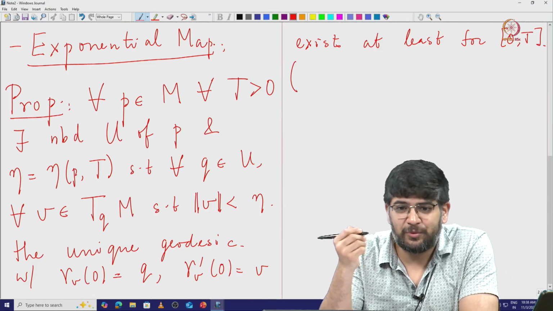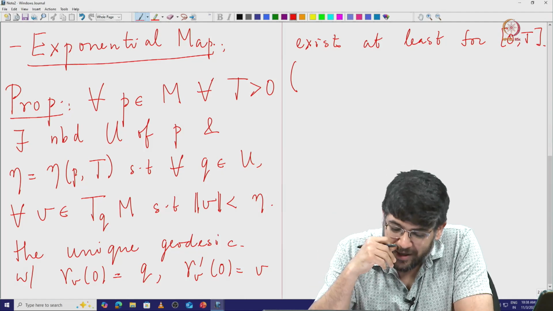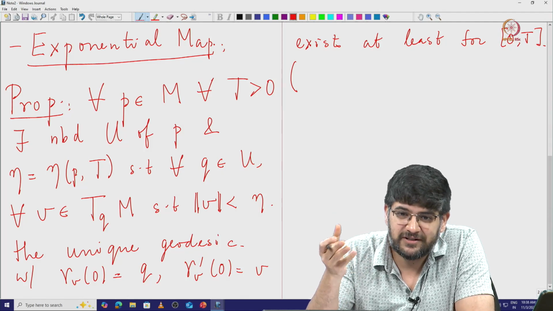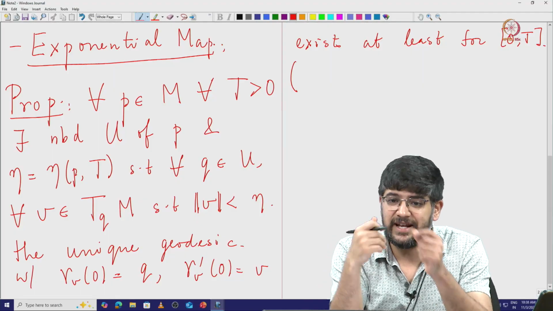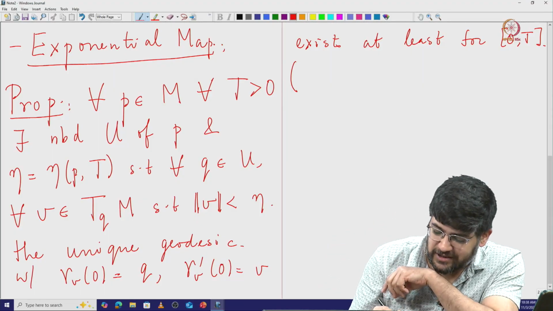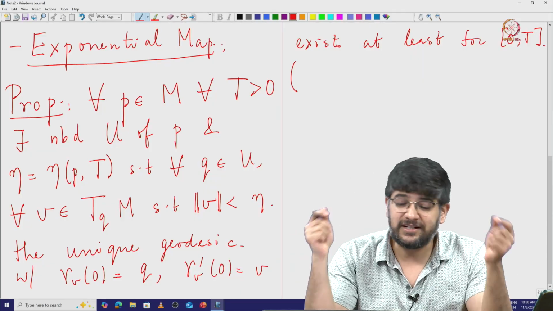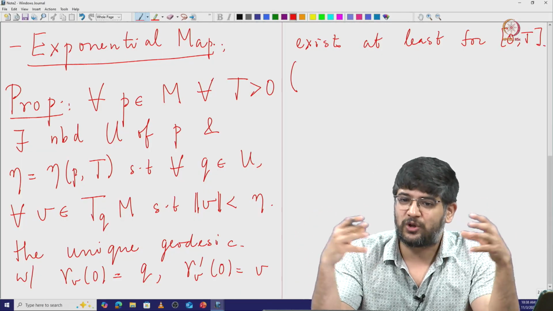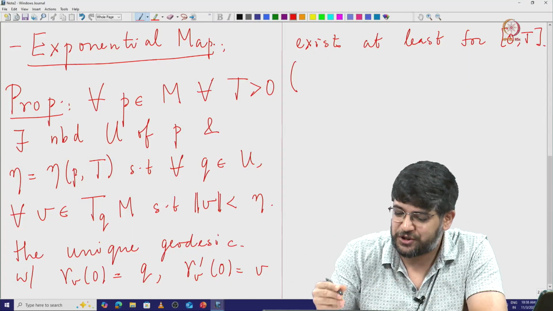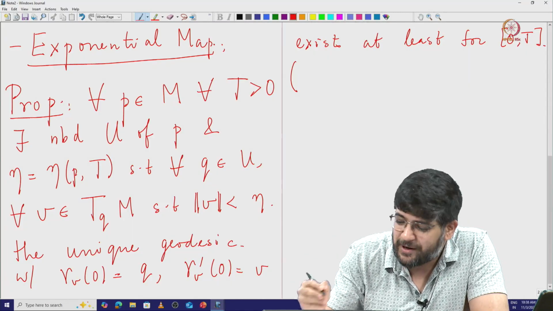In other words, if you remember we had made this remark after our main existence uniqueness theorem for geodesics, that for any geodesic with initial conditions Q and the velocity vector being specified as V, there is a unique interval which is the maximal interval of existence of the geodesic, which we denote by I_V.